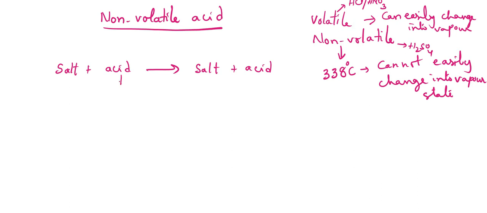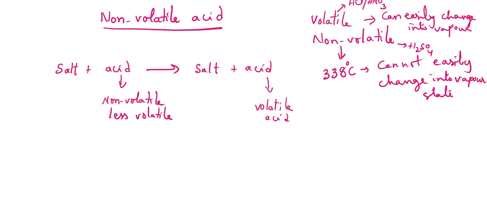Here the acid we should use is sulfuric acid, which is a non-volatile, or you can also say less volatile, acid. When you use a non-volatile acid, the acid you get should be a volatile acid. I have mentioned volatile acids are HCl and HNO3.